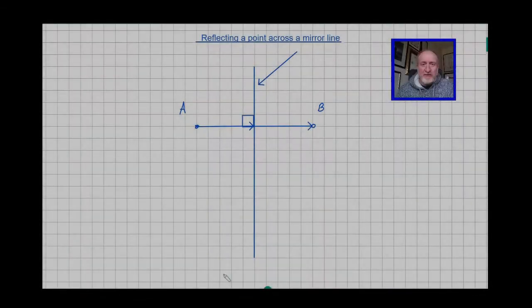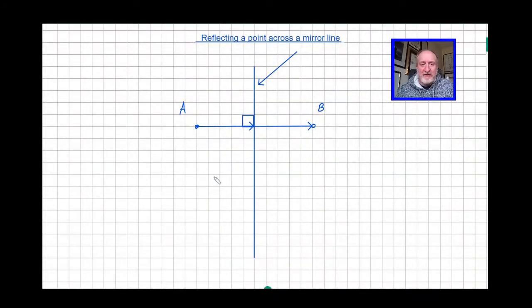Okay, so let's have another quick example, and this time we're going to translate this point here, which we're going to call point C. And again, we're going to go by the shortest route to the mirror line.